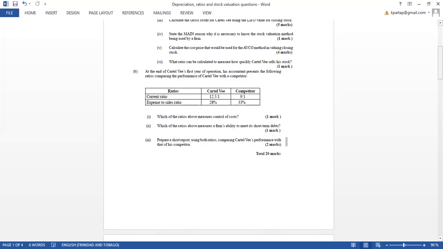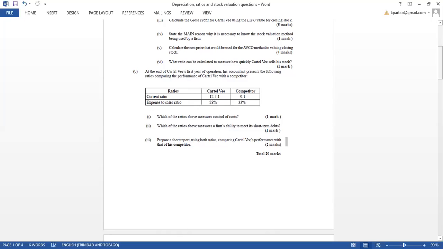Part B: at the end of Cartel V's first year of operation, his accountant presents the following ratios, comparing the performance of Cartel V with a competitor. So we have the current ratio, and we have the expense to sales ratio. So they want to know which of the ratios above measures control of cost.